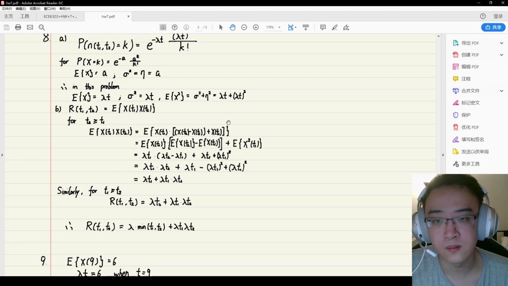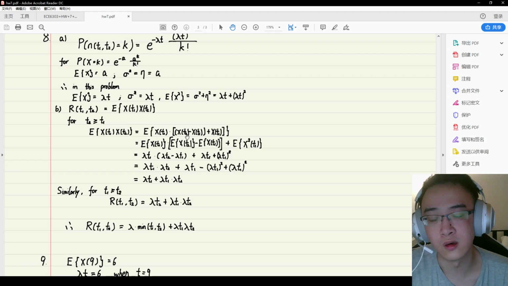So we divide it as the expected value of X(t1) times X(t2) minus X(t1), because it is linear.